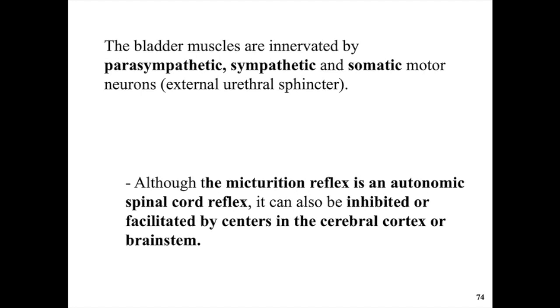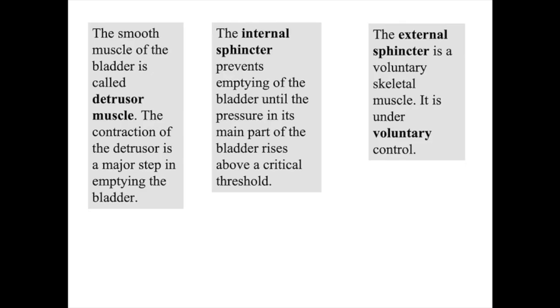So let's review the anatomy and the key points. The urinary bladder has the muscle that's called the detrusor, and then it has an internal sphincter and an external sphincter. The detrusor is smooth muscle, so we already know that it depends on the autonomic nervous system.